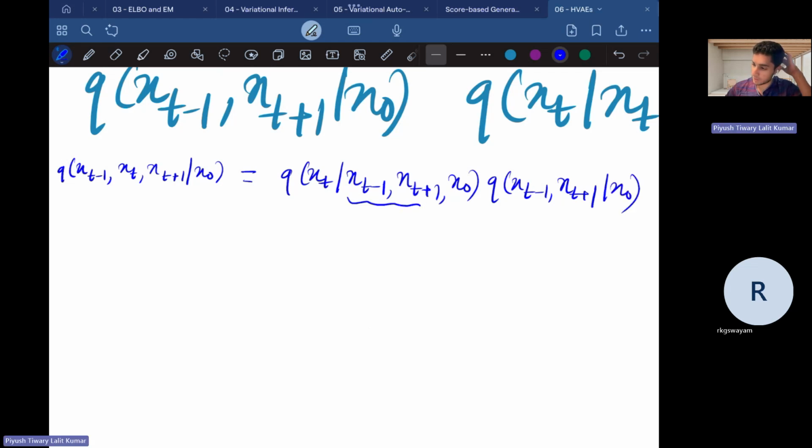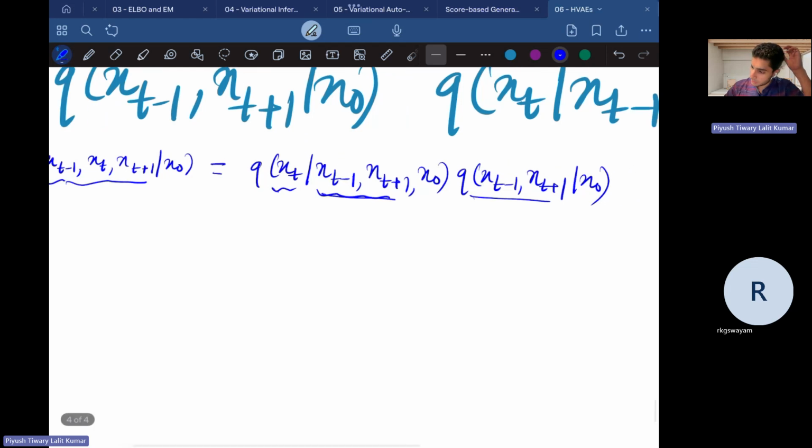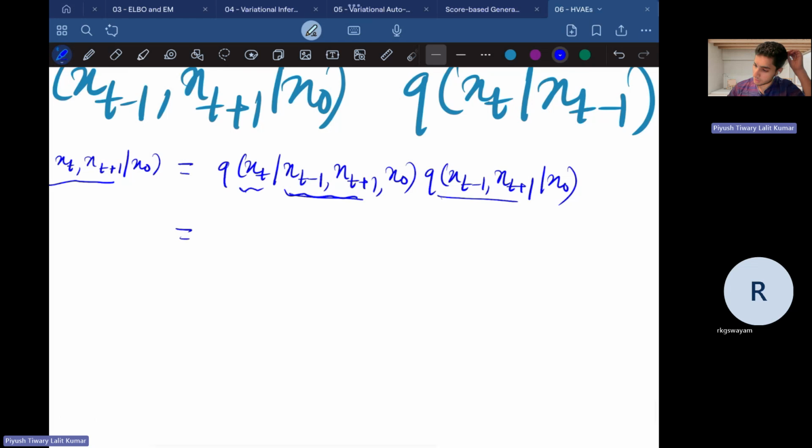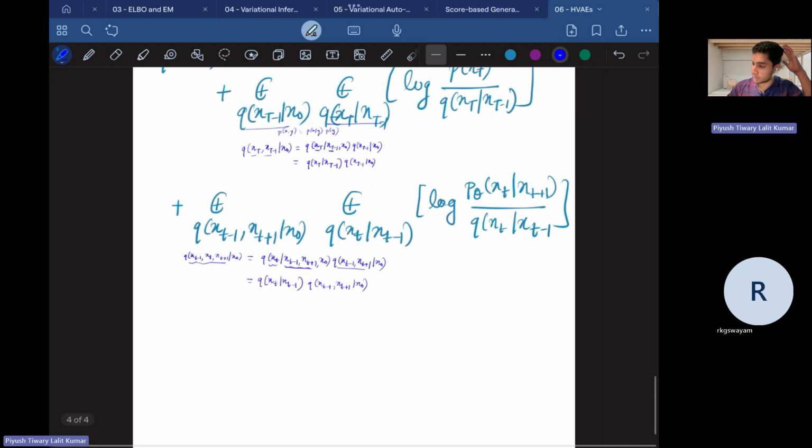So these two variables are like y now, and this is like x. This is like p of x comma y, which equals p of x given y times p of y. Now again using a similar argument, because this is Markovian, you can write this as q of x_t given x_{t-1} times q of x_{t-1}, x_{t+1} given x_0. And that is why it splits into these two expectations.